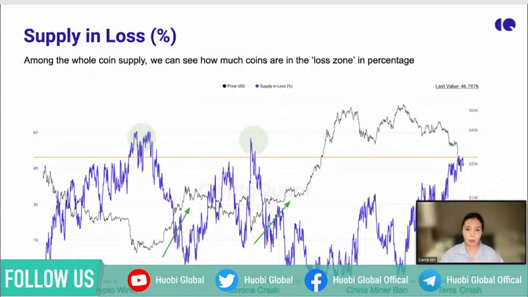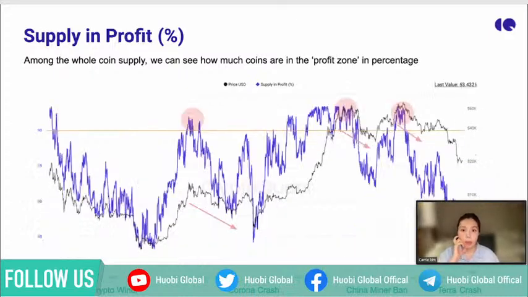And if more than 50% of the whole supply is losing, it was usually the market bottom. And you can see that the percentage of coins in loss is increasing right now. After the Terra crash, the percentage of loss is increasing, and it's still increasing.